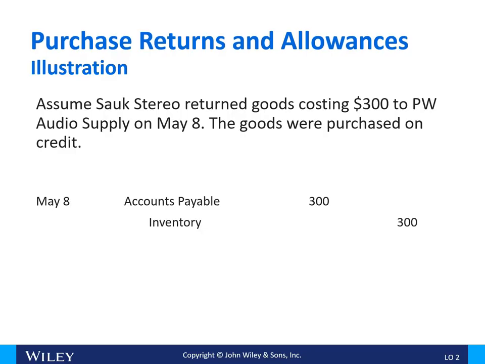So it's just the opposite of what we recorded when we bought the goods. Now we're returning those goods, so we just do the opposite entry. We reduce our liability because we don't have to pay for those $300 worth of goods. And since we shipped it back to the seller, we reduce our inventory.